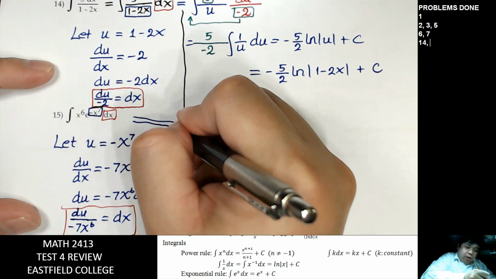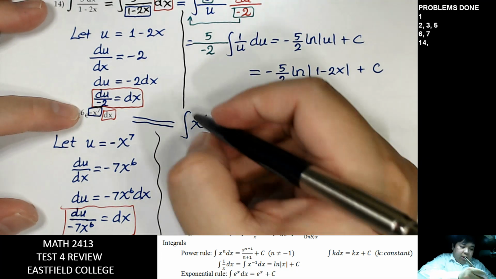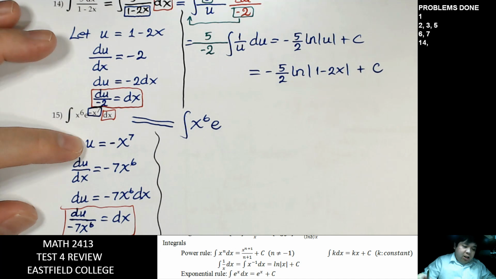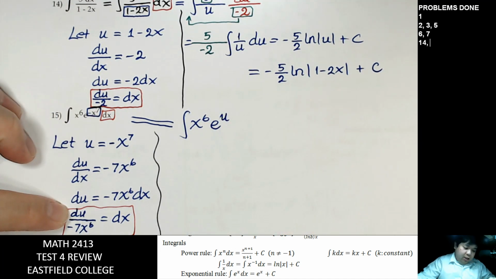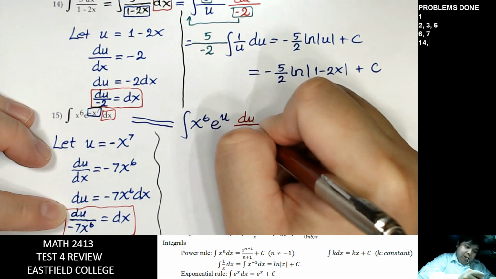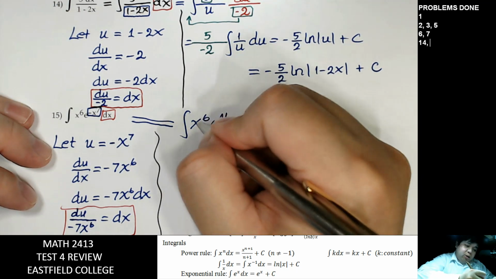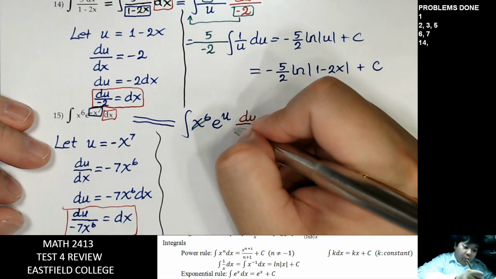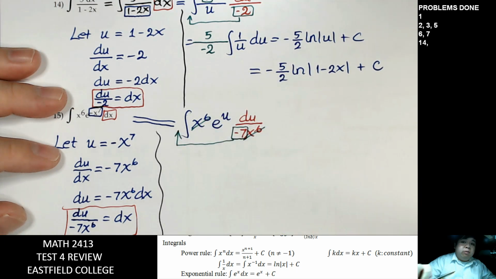Then the integral equals x to the 6, e is still there, the negative x to the 7, that is u, dx is this. x to the 6 cancels out, which is good because now we only have u. But before that, let's move the negative 7, the constant, outside of the integral.